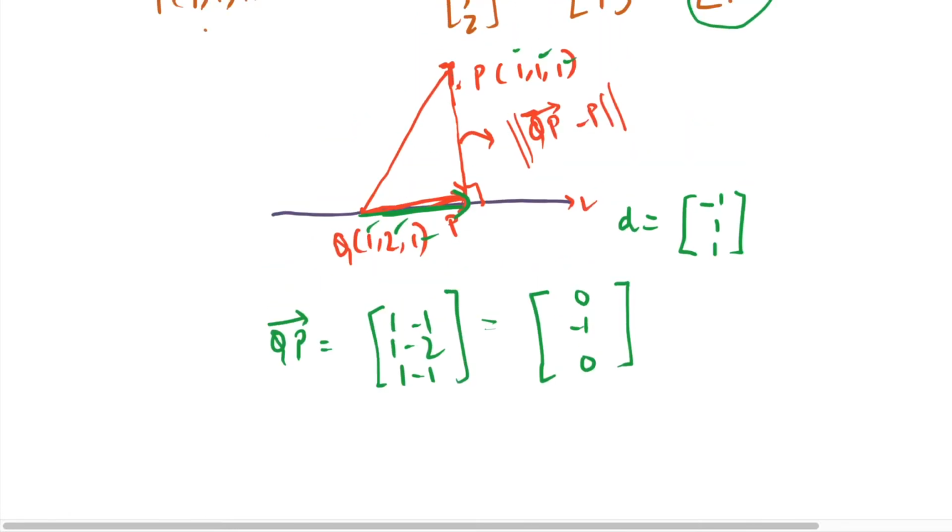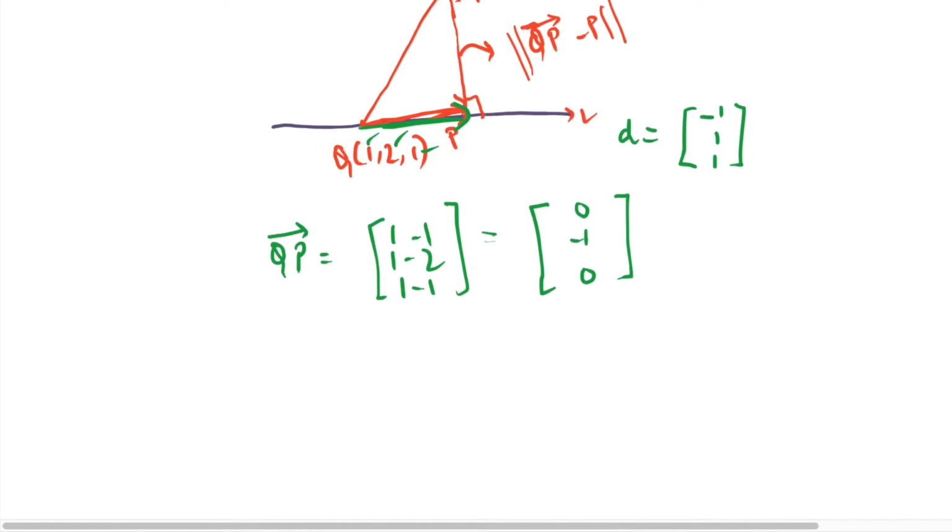So we need to find the projection of qp on this line whose direction vector is given like so. We have done this already many times, so we know how this can be done. So the vector p here would be given by the dot product of qp with d divided by the dot product of d with itself, and multiply that with d.